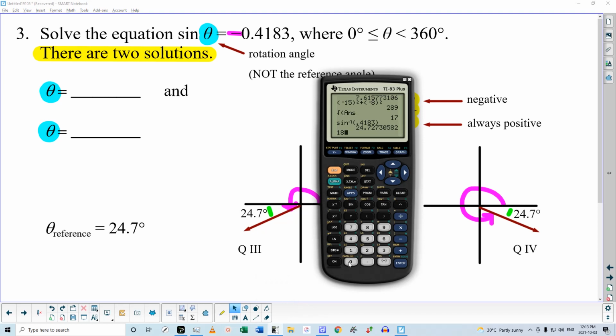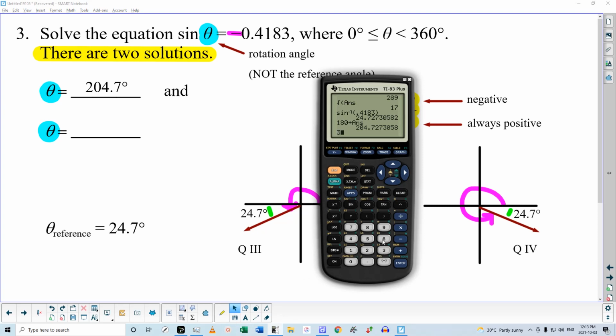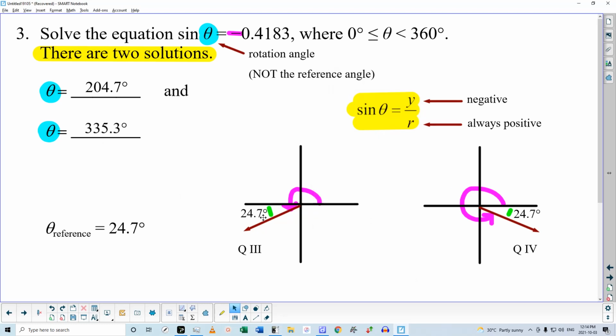So if I take 180 and I add the reference angle of 24.7, I get 204.7 degrees. That is one of my answers. If I were to take 360 degrees and subtract the reference angle of 24.7 degrees, then I get 335.3 degrees, which is my second answer to this problem. So that's the solution to number 3.